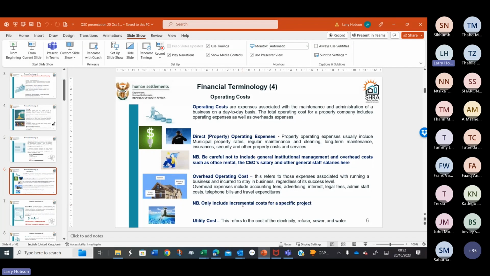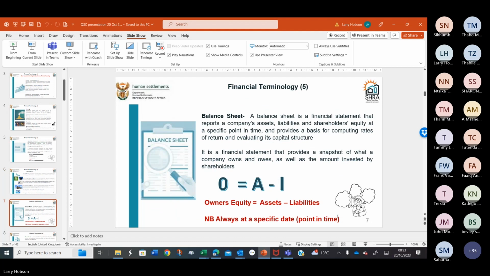The quick scan C focuses on costs incurred as a result of the new project being started. Utility costs are the costs of electricity, refuse, sewer, and water. Okay, so those are all on the income statement side.